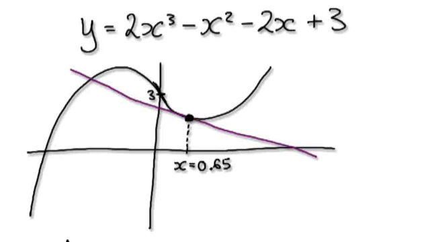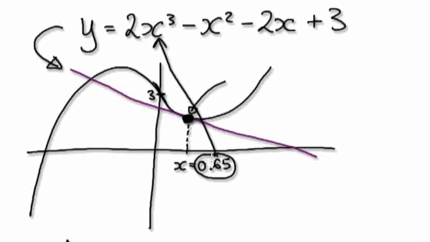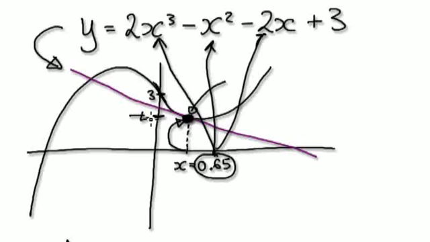Okay, so to do this, looking at this straight line here, in order to find out the equation of this straight line, you need to know the gradient at this point. And you pretty much know this point here, because if you put x into here, it will immediately take you to the y coordinate, which is here.